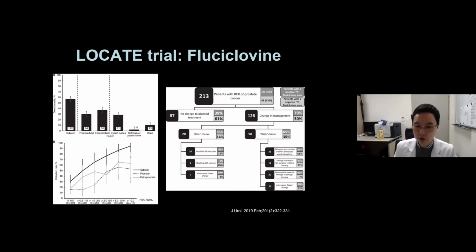And the most frequent major changes were from salvage or non-curative systemic therapy to watchful waiting, or from this systemic therapy to salvage therapy, or from salvage therapy to non-curative systemic therapy. So there was some change.